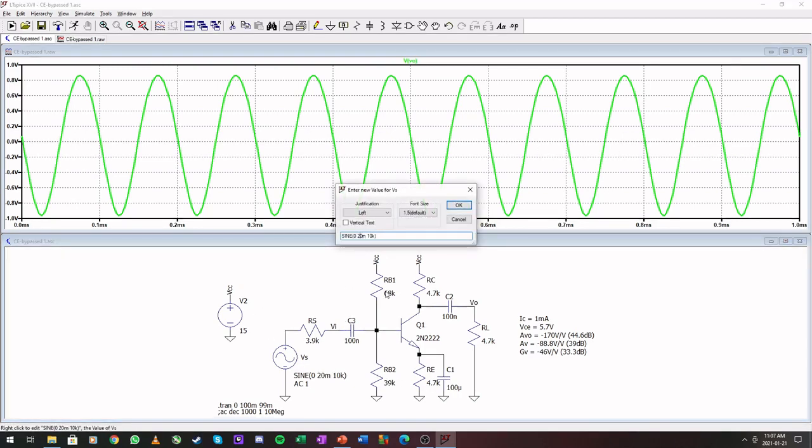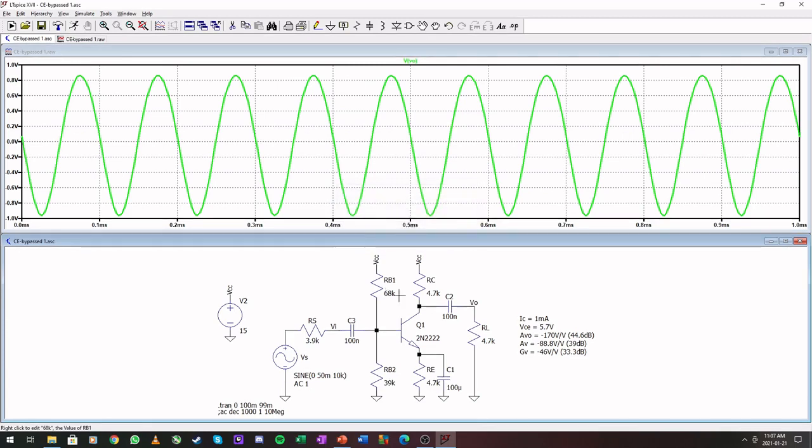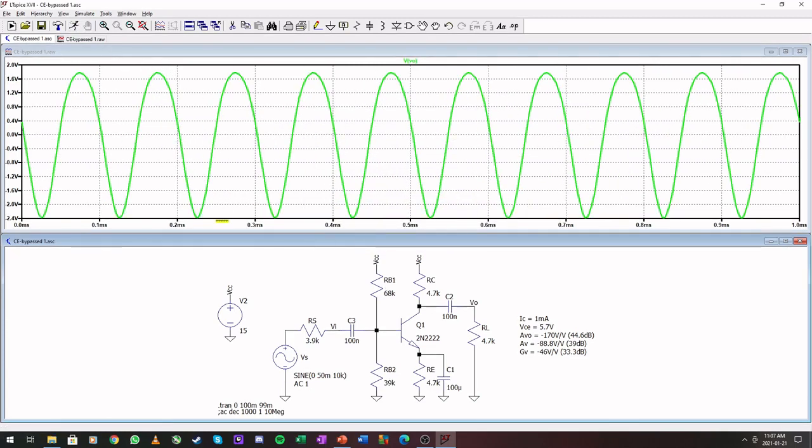If we increase this, let's make this 50 millivolts, you will see that your signal is heavily distorted. Okay, so that is due to our small signal model being for only a small portion of a curve.